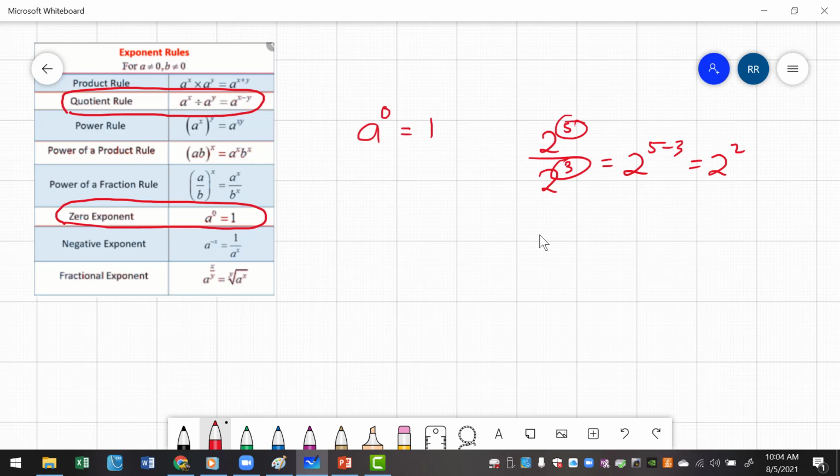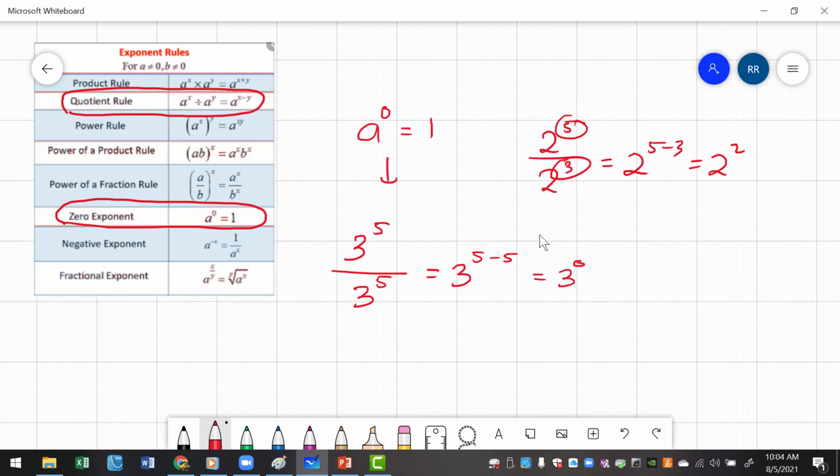So how about this one over here? Let me give you an example. Let's say I have 3 to the power of 5, and I want to divide by 3 to the power of 5 again. By using the quotient rule, you will get 3 to the power of 5 minus 5, which is 3 to the power of 0.